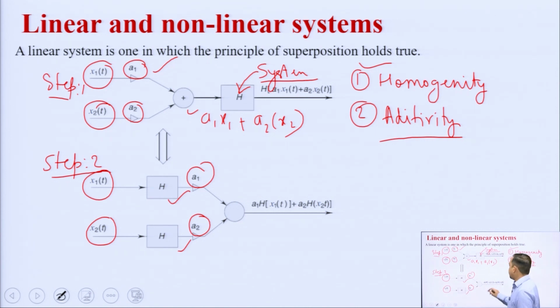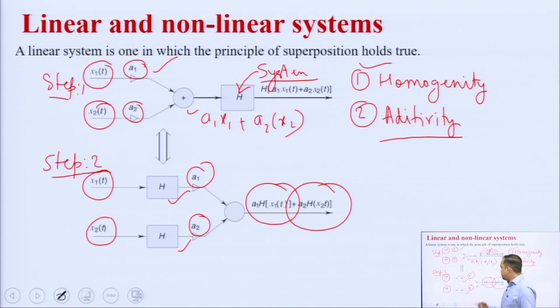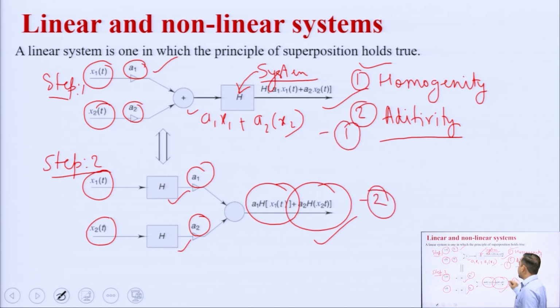So, we are getting a1 times system on x1 plus a2 times system on x2. If both the equations are equal, then we can say the system is said to be linear. And if both the equations are different, let us say equation 1 and equation 2, then we can say that the system is non-linear.